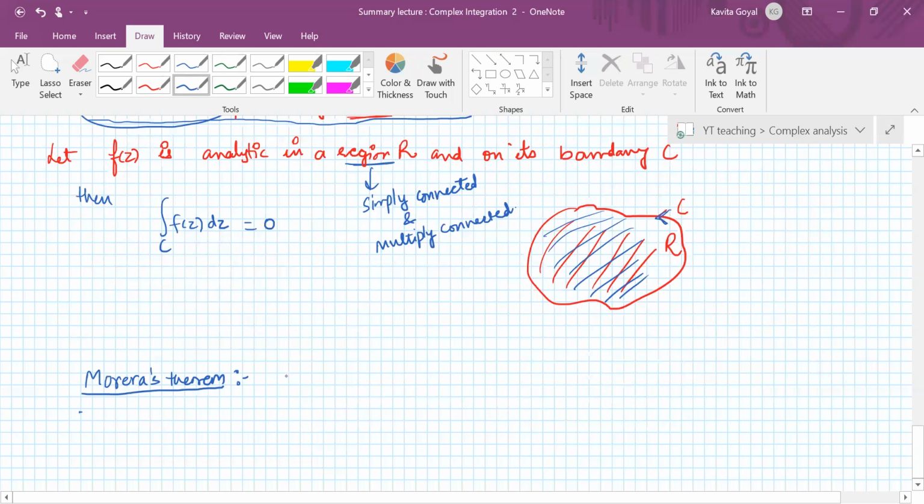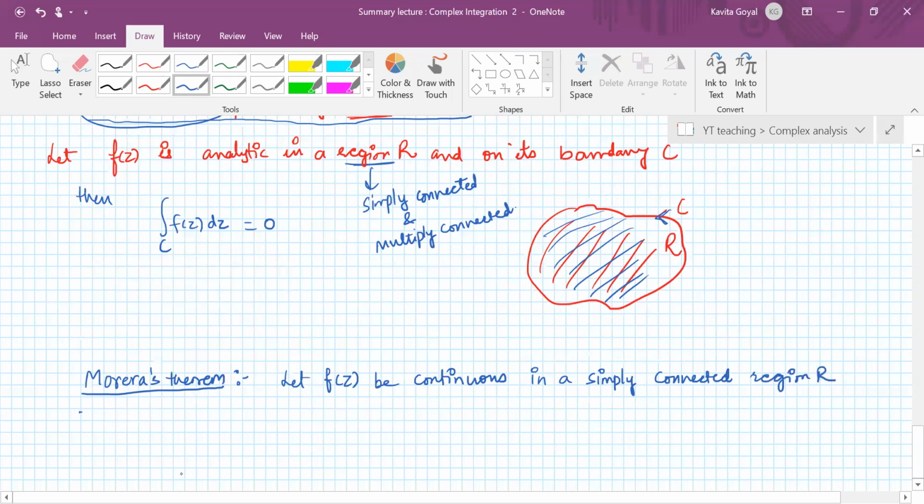So Morera's theorem is: let f(z) be continuous in a simply connected region R. Simply connected means it should not have holes.